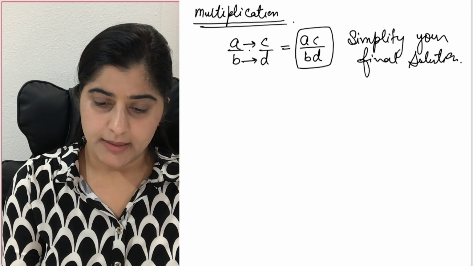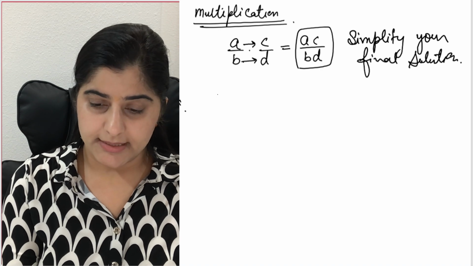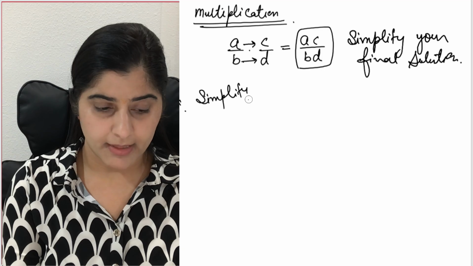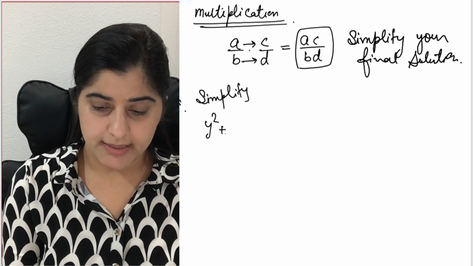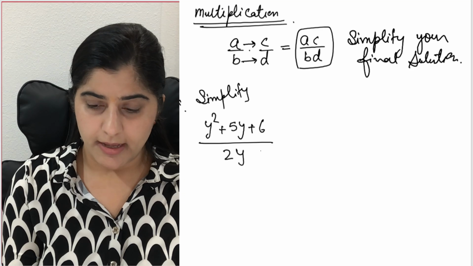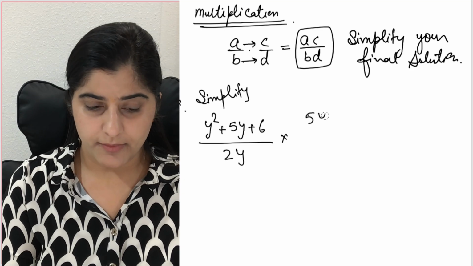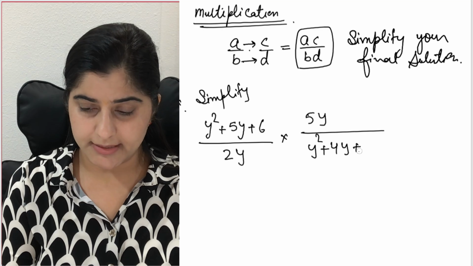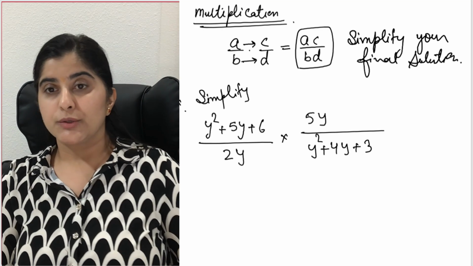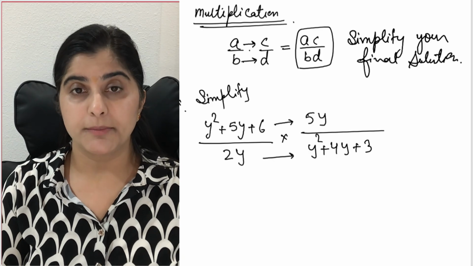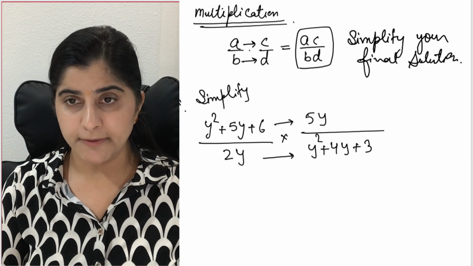For example, let's try to simplify this expression. It is (y squared plus 5y plus 6) over 2y, multiplied by 5y divided by (y squared plus 4y plus 3). So numerator will be multiplied with the numerator and denominator with the denominator.